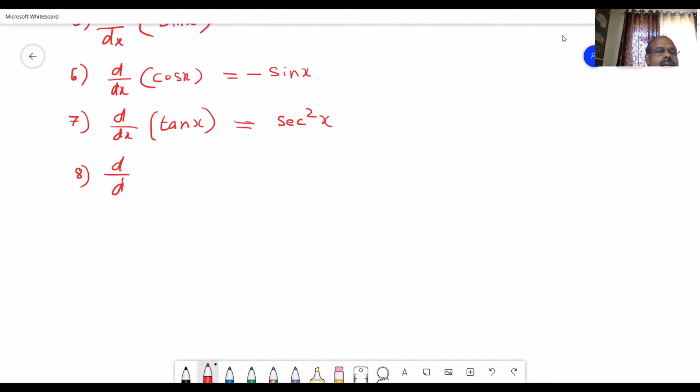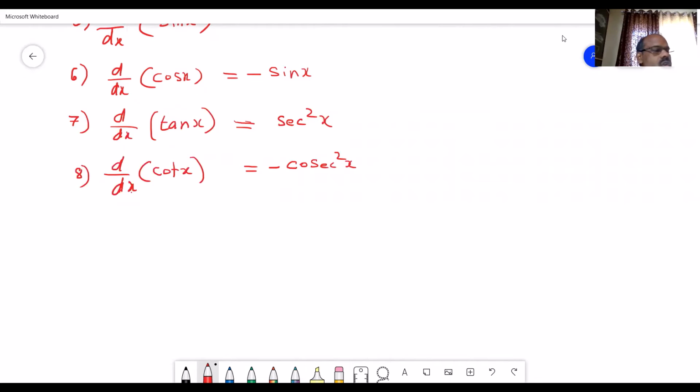dy by dx of cot x. Cot tan x we are saying as cot x only here, is equal to minus cosecant square x.